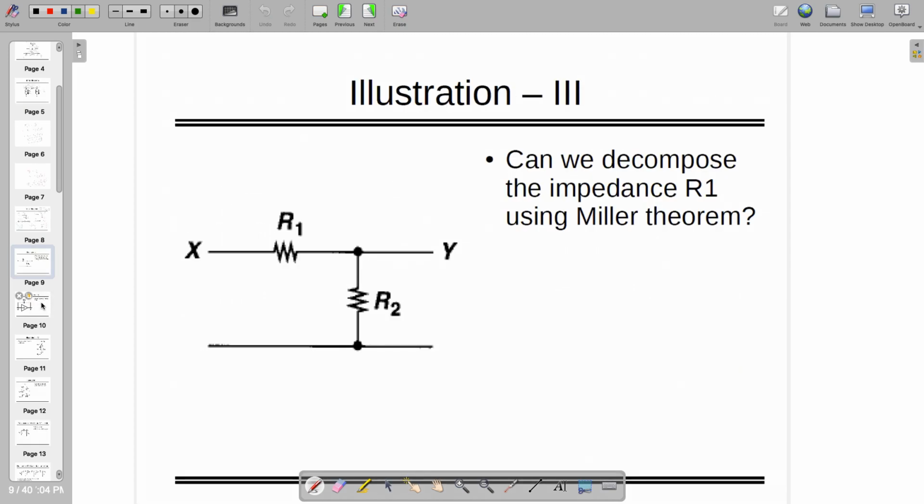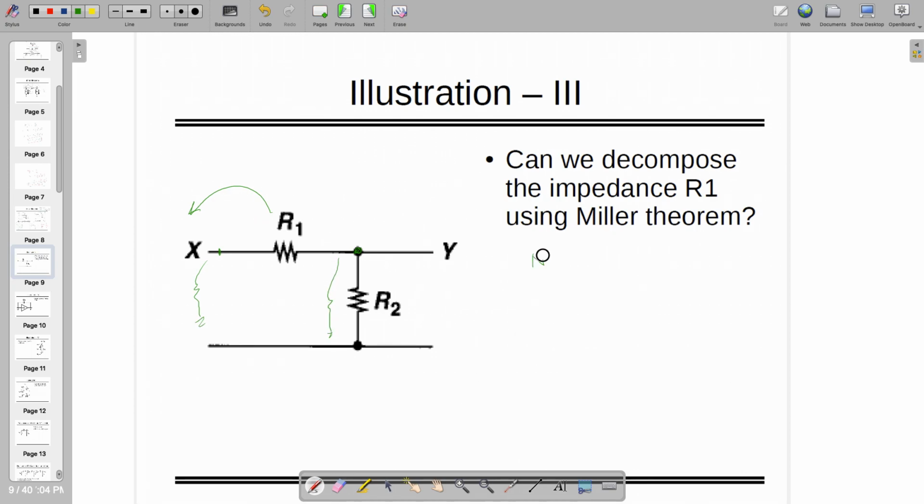Now let's look at the illustration where two resistances are given, R1 and R2. My question is, can we decompose the impedance R1 using Miller theorem? Because there are two nodes X and Y, and between X and Y, R1 is connected. Can I decompose this, one on this side, one on this side?